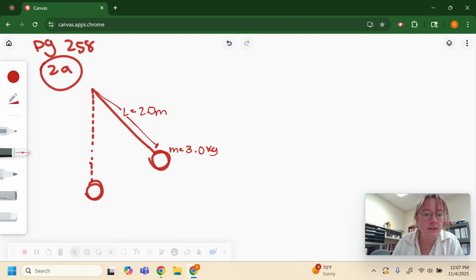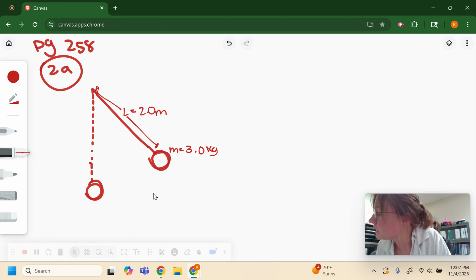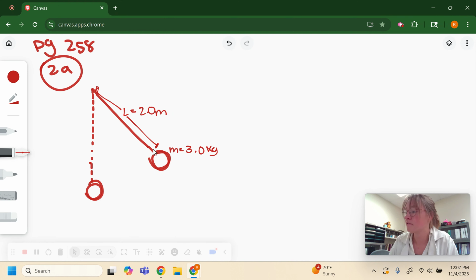There's the length of my pendulum. And it says to calculate the magnitude of the torque when the string makes an angle of 5 degrees with the vertical. So here's the vertical, where our pendulum normally lives. But do you see that I've pulled this pendulum back so that it is now at an angle theta of 5 degrees from the vertical? So it's something like this.